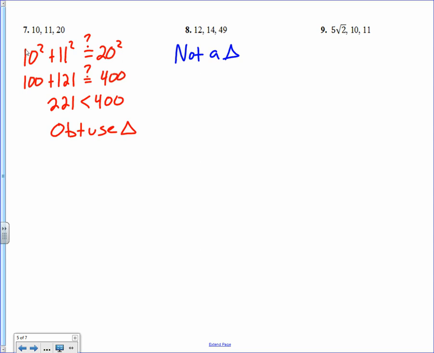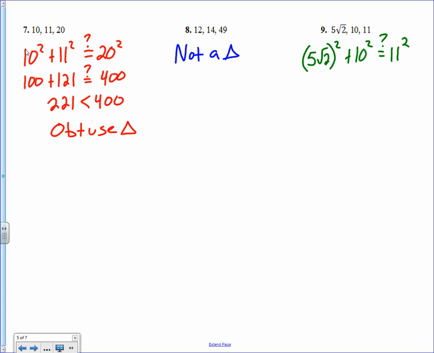5 root 2, 10, and 11. Again, since we don't know off the top of our heads what the value of 5 root 2 is, we should plug it into a calculator. It's about 7.1, a little bit less than 7.1. So it is the smallest value. So we have 5 root 2 squared plus 10 squared equals 11 squared. 5 root 2 squared, 5 squared is 25.